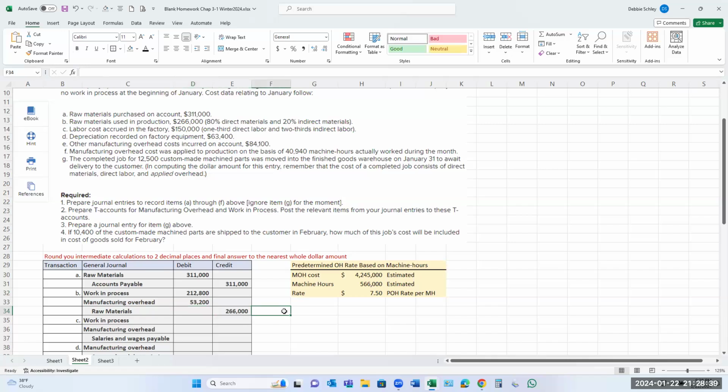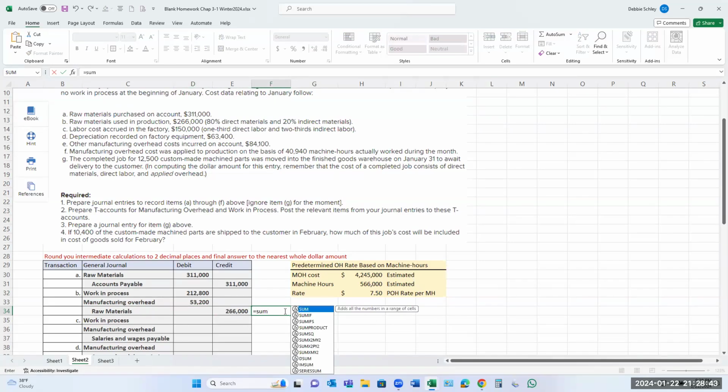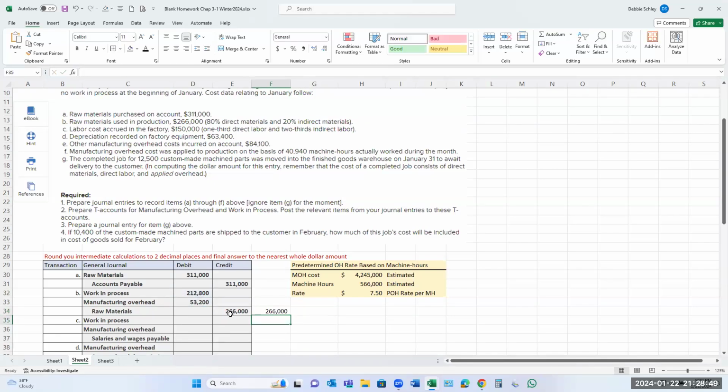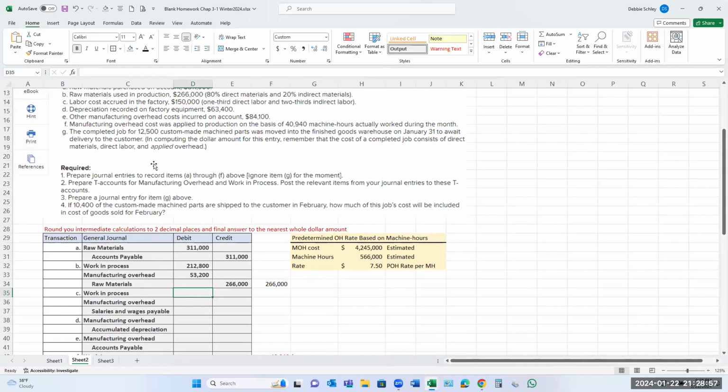And if I want to check my work, I can go over here and go equals sum and add those two numbers together, and I get that same total that they gave me right there. Okay, C. Labor costs accrued in the factory of 150,000.